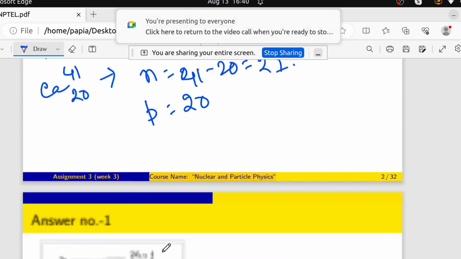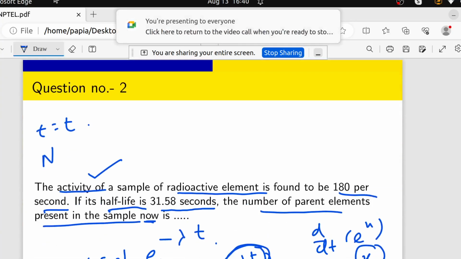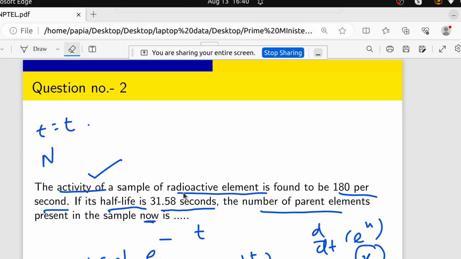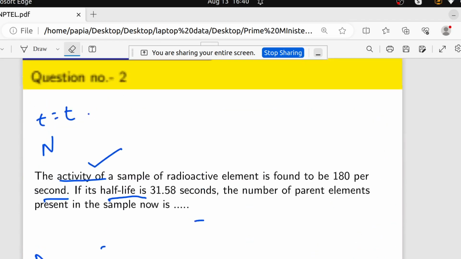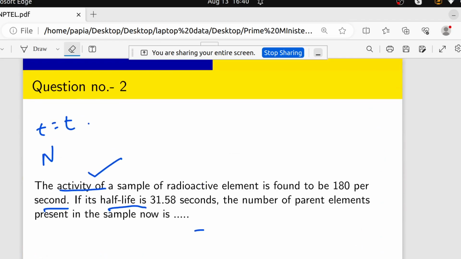Okay, now come to the second question. Let me first clear this. The first question was about the nuclear shell model and the second question is about radioactivity.